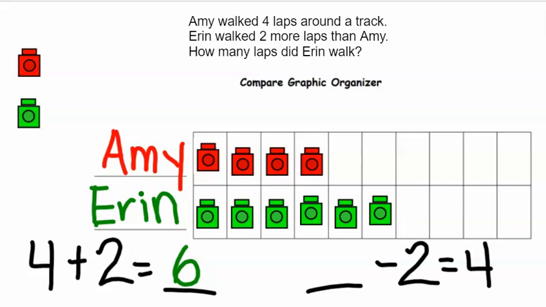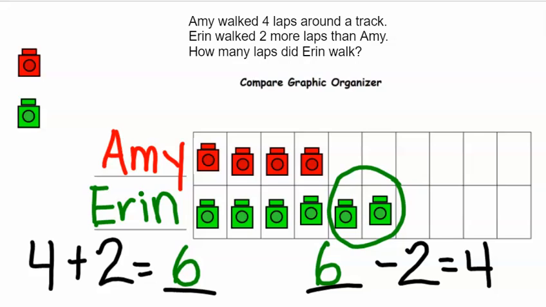And so we also know that if we had a total of the 6 laps that Aaron walked and we subtracted the 2 more laps that he walked than Amy, that it would equal 4, which is the total amount of laps that Amy walked. So we could represent that 2 different ways.